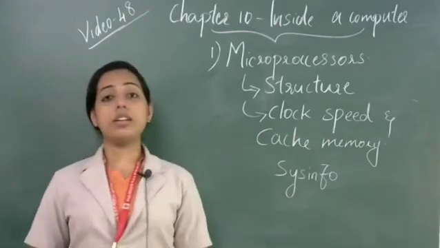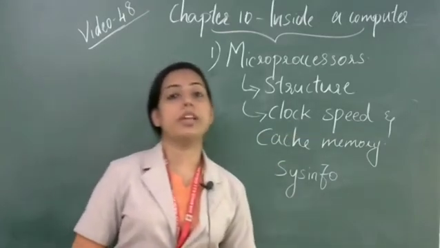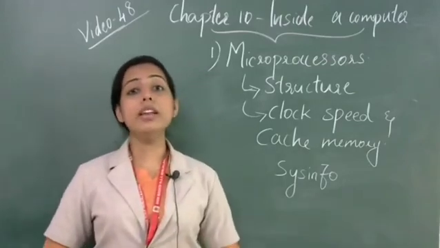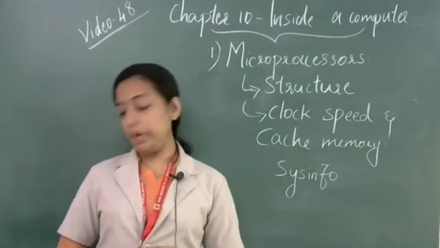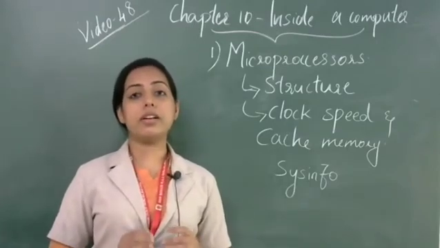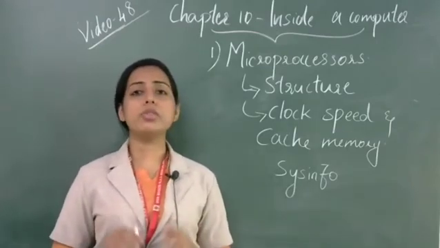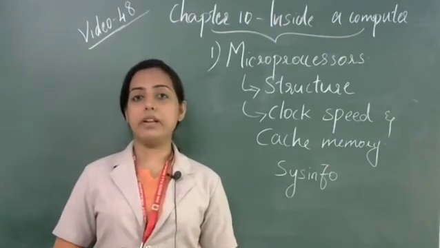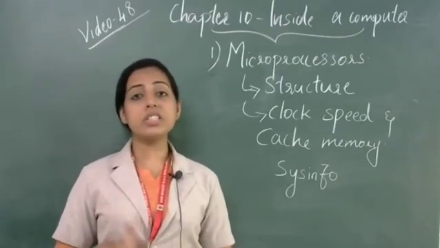Then the next topic in today's session, the last topic in today's session, is clock speed and cache memory. It is given on page number 141, in one table. You have to study what you mean by clock speed. Have you heard this word, clock speed?